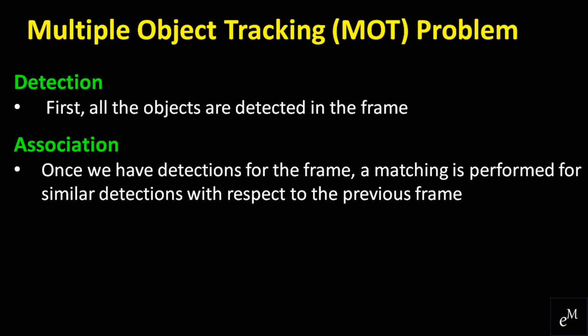On the other hand, once we have the detections for the frame, a matching procedure is performed for similar detections with respect to the previous frame. And this will help us to confirm whether the objects in the current frame associate with the objects in the previous frame.